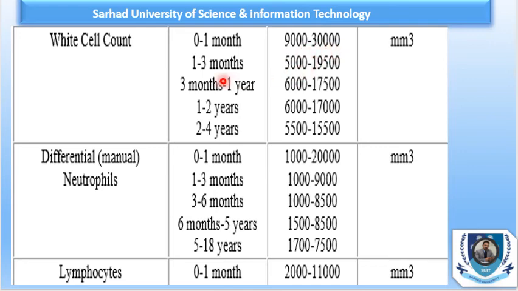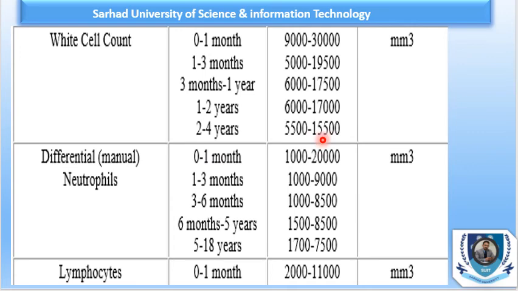Then for 1 to 3 months it becomes lower. From 3 months to 1 year the count is 6,000 to 17,500. And at 2 to 4 years the count becomes 5,500 to 15,500. Still it's higher than in adult life.